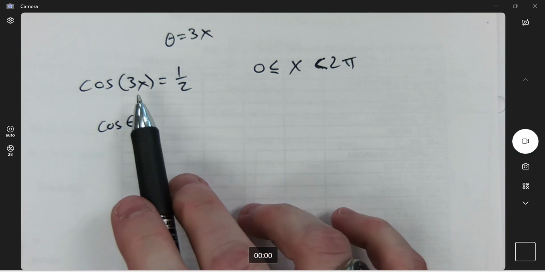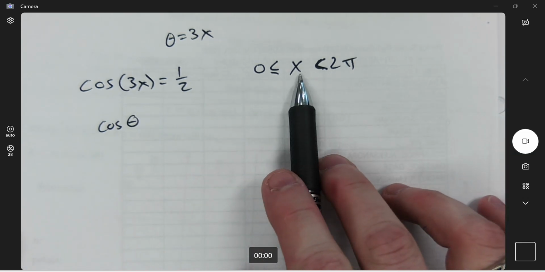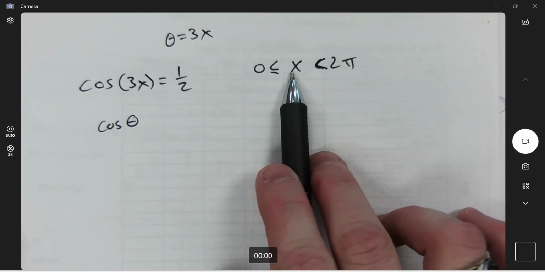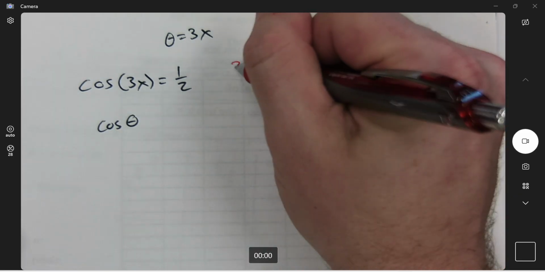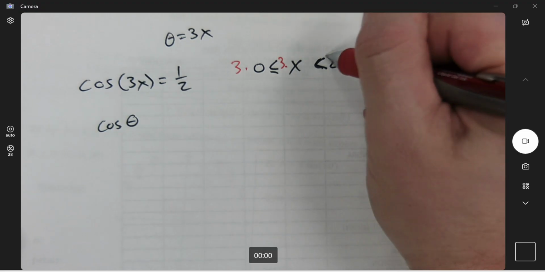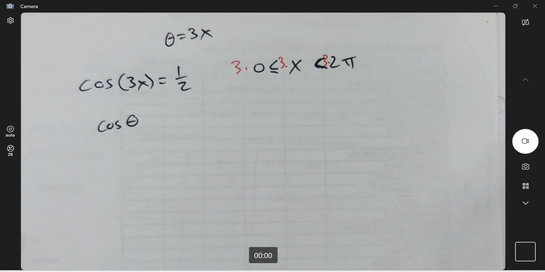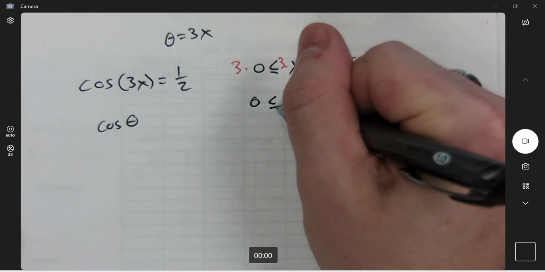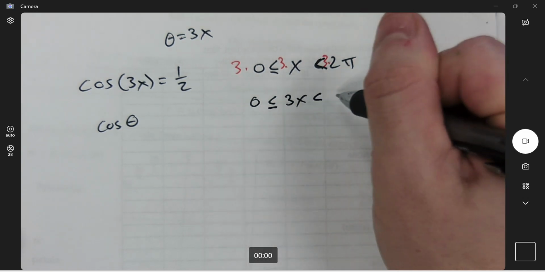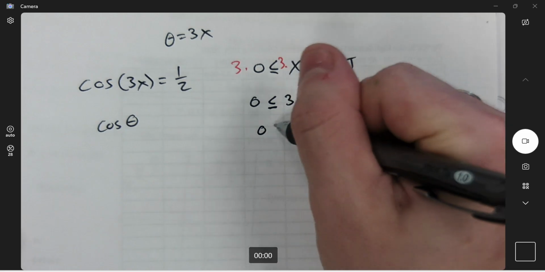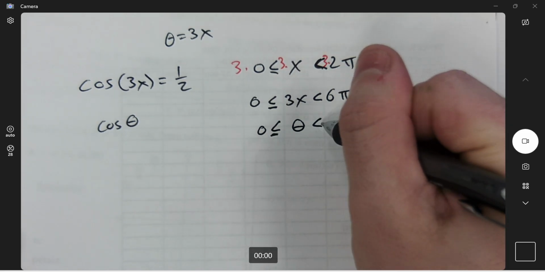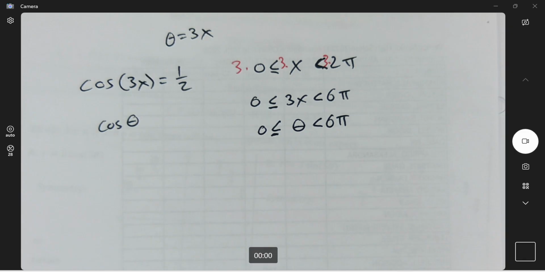But if you make a substitution in the equation, you have to make a substitution on the domain as well. So I need this to say 3x, which forced us to say 3 times, 3 times, 3 times, which adjusted our domain to 6 pi. Now that I've re-shown you, do you guys remember that happening?